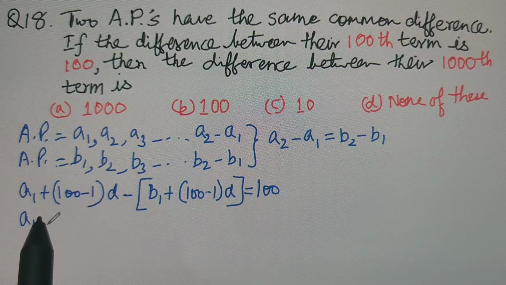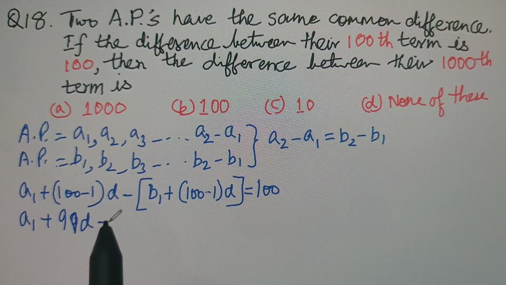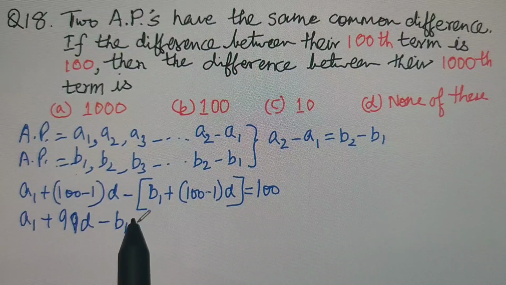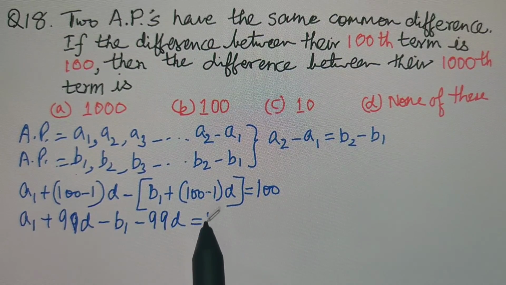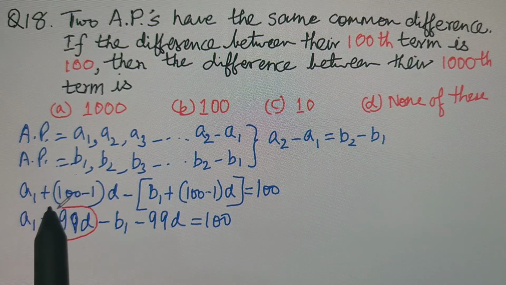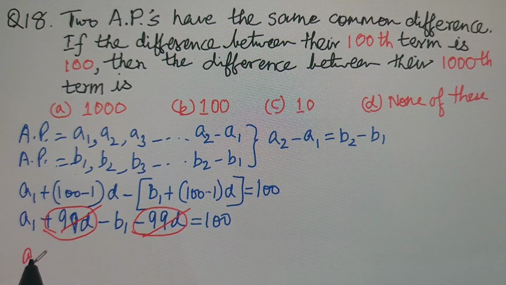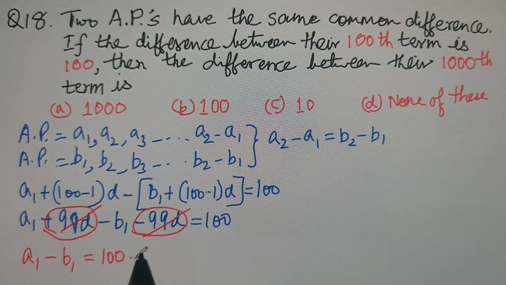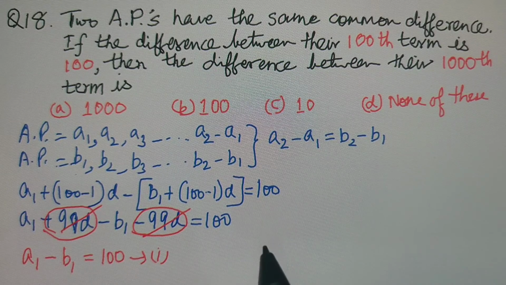Now this becomes 99D minus B1 minus, again I get 99D here, which is equal to 100. Fine. Because the common difference is the same, this gets cancelled, so I get the value of A1 minus B1 equal to 100. So let us call this our equation number 1.